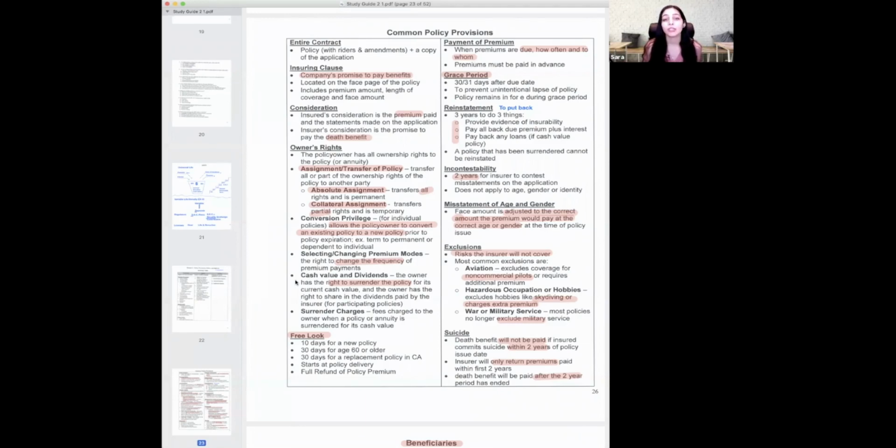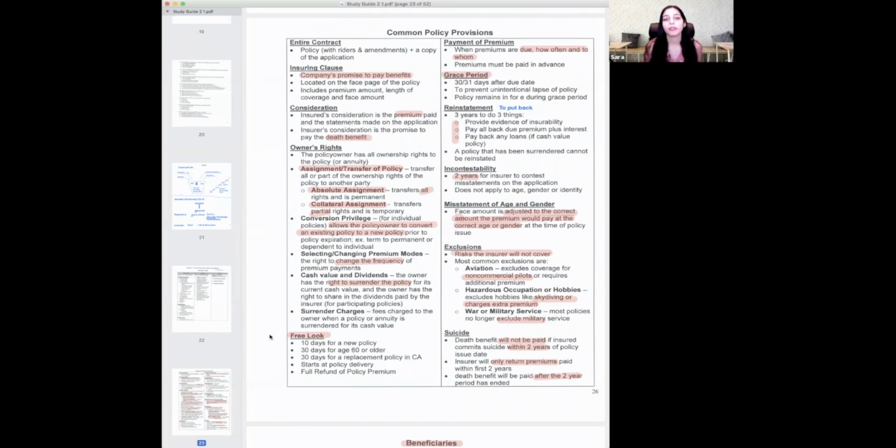The last thing is surrender charge. If you as a policy owner decide to take the money out of your policy, like the cash value, earlier than you're supposed to, it's basically like you're giving up the policy sooner than you should be. If that happens, the company will charge a surrender charge to the policy owner.